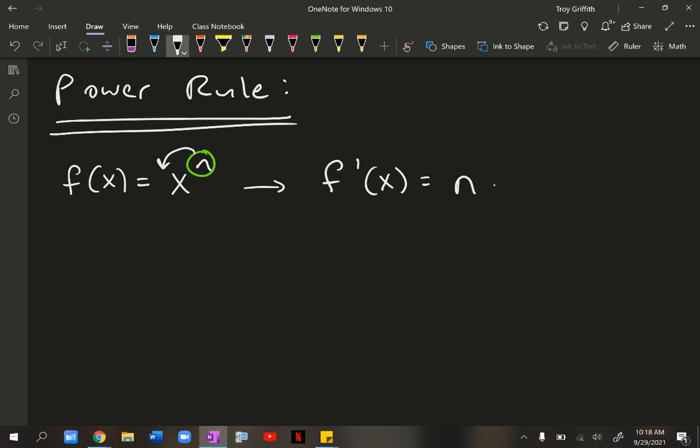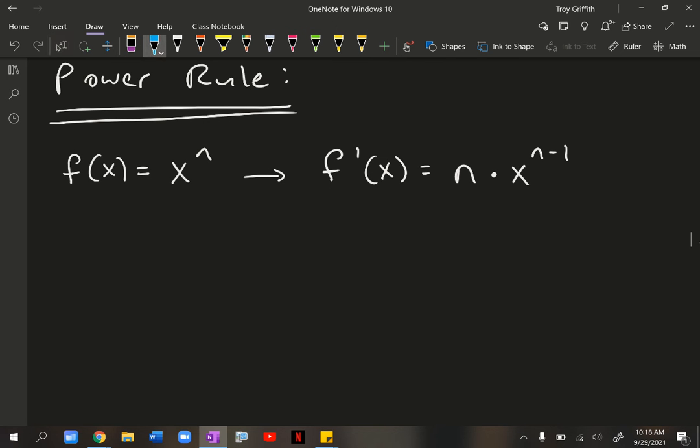So this is going to be n times x to the, and what I do with the exponent is I subtract 1. So this is going to be n minus 1. This power rule works anytime I'm taking a variable and raising it to some numerical exponent. I take the exponent, multiply it to the front, and then I subtract 1 from the exponent.